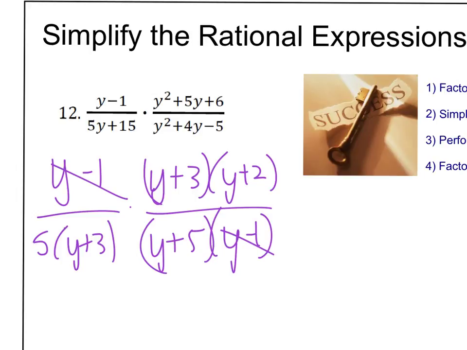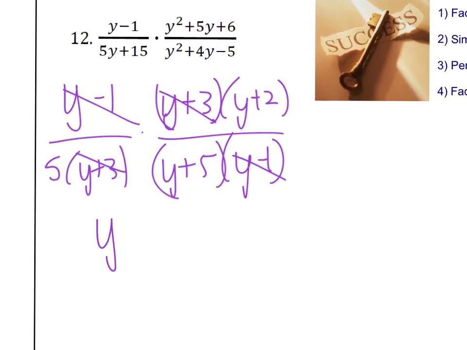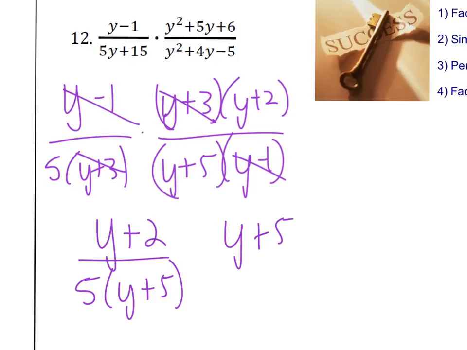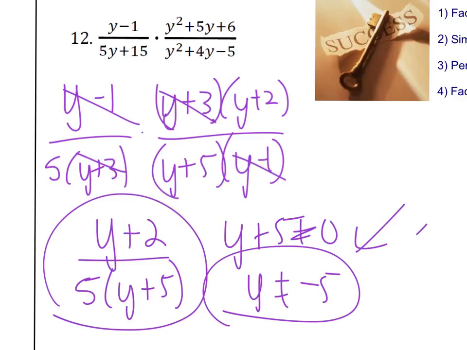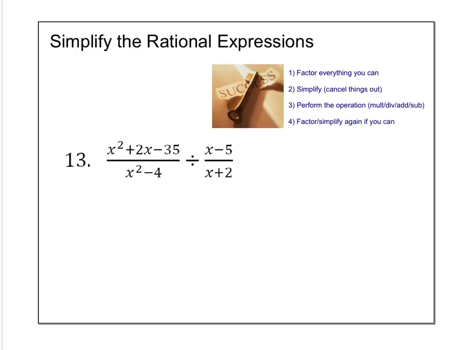Cancel, cancel, cancel, cancel. I'm left with y plus 2 on the top, 5, y plus 5 on the bottom. And again, y plus 5 cannot equal 0, so y cannot equal negative 5. There's my exclusion. I have to bring this part along, otherwise I'm technically not correct.